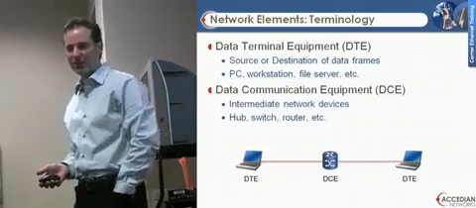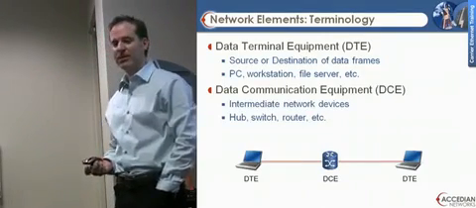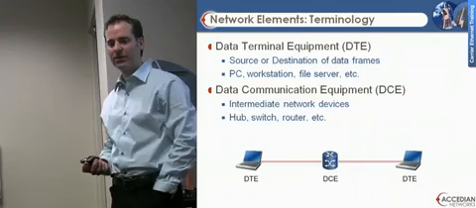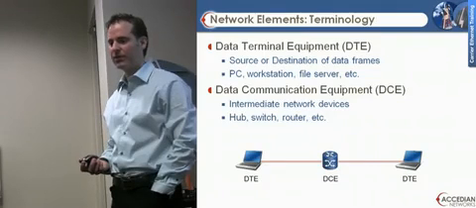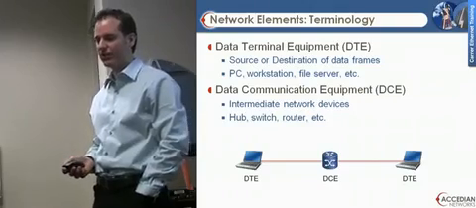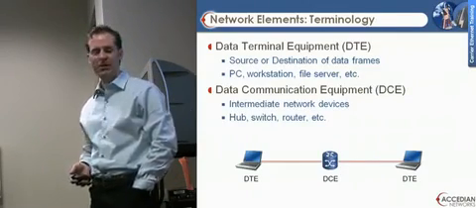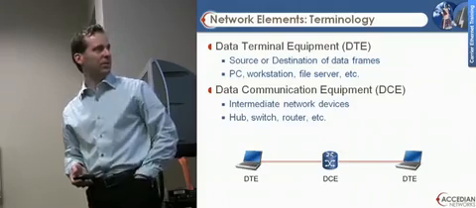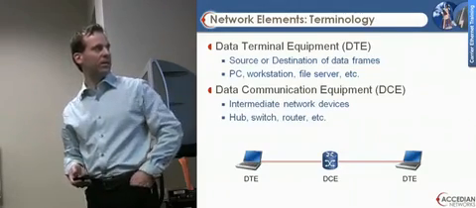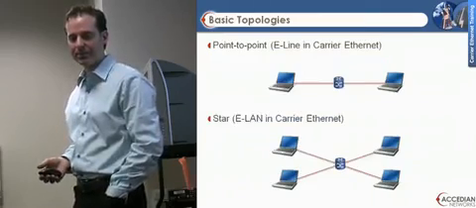But on a basic level, when Ethernet was defined, they broke down the different elements that could communicate in an Ethernet network into data terminal equipment, which is the receiving or transmitting aspect of the data, and then the data communications equipment, which is normally considered the hub or the switch that's actually passing data between these devices. So in the most simple network, this is basically how Ethernet was developed to allow different computers to talk to each other.